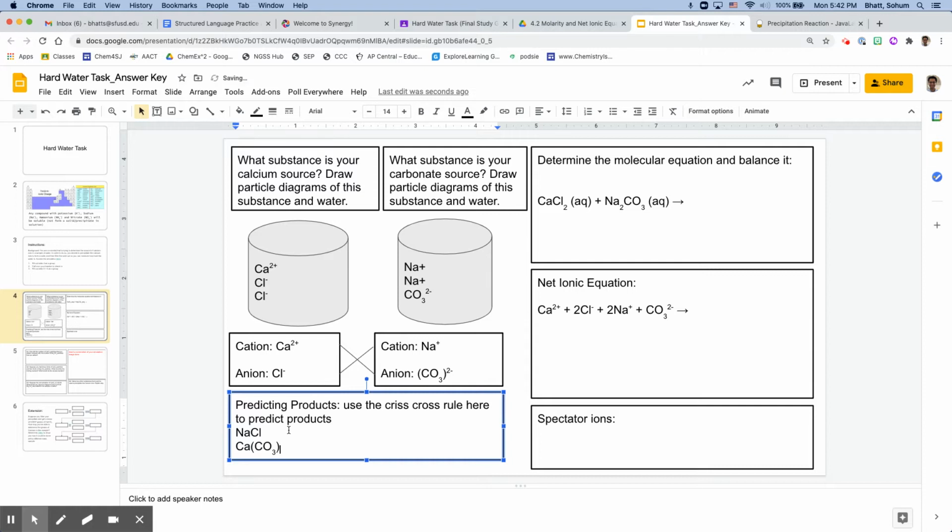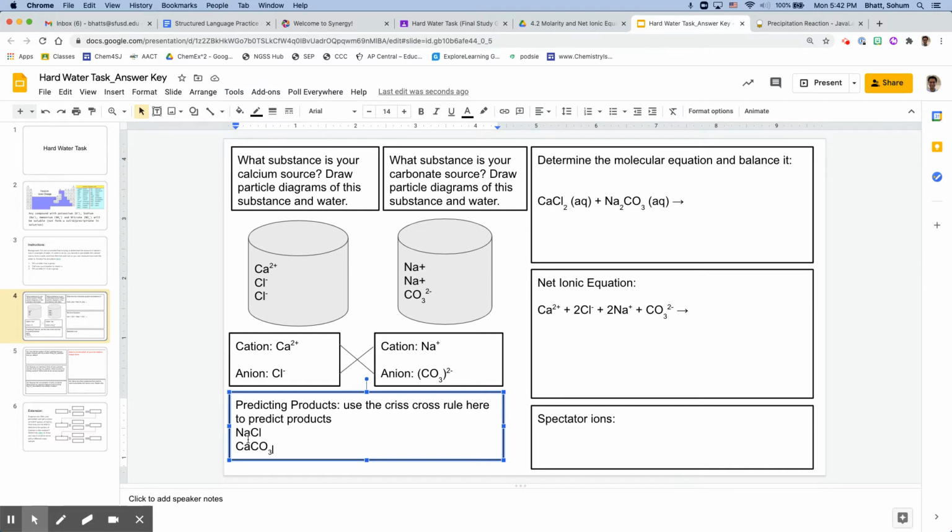A lot of students put a CaCO3 2 down here, and that's incorrect because that would mean that you have two of these anions on a total of -4 charge with only one +2 charge, and that doesn't cancel out. So you're just going to have a CaCO3. And because we just have one polyatomic, we technically don't need the parentheses, but you can keep it there if it makes you feel better.